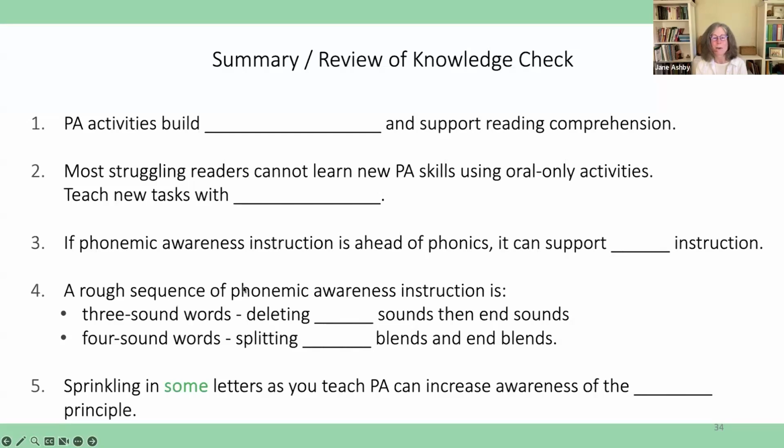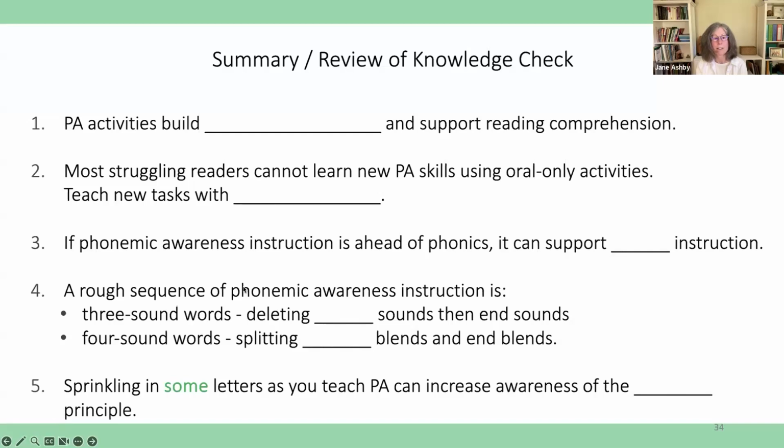So PA activities build what and support reading comprehension? What is the process that you're developing when you're doing PA activities? What is the cognitive process that's contributing to reading? And that, of course, is, if you put phonological in there, you were right. PA activities build phonological processes in the brain and support reading comprehension.